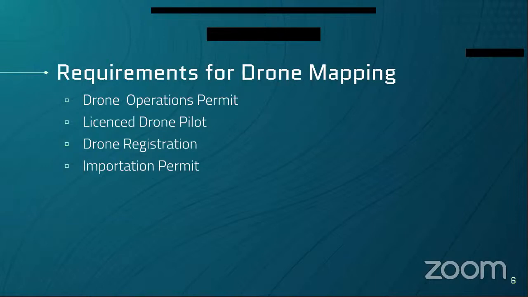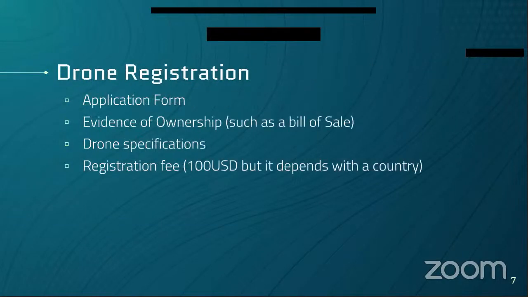These requirements might differ from one country to another according to the authorities, but in some way they resemble. So for drone registration, this is a procedure you have to follow: you have to fill in an application form, and you have to have evidence of ownership, such as a bill of sale.